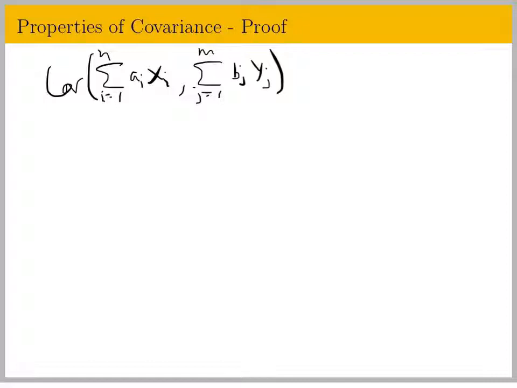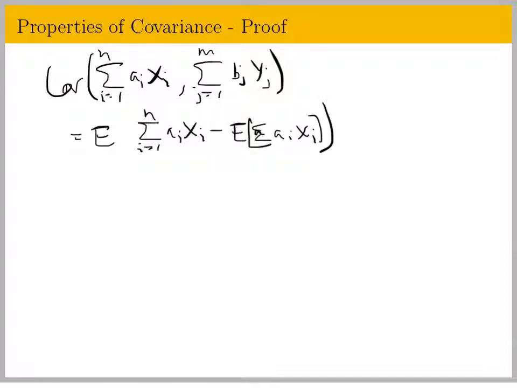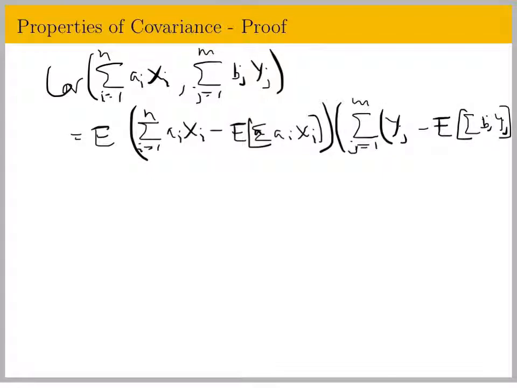Well, by the definition of covariance, that is equal to the expectation of the sum of the a_i x_i minus its expectation, times this new random variable, which is the sum of the b_j y_j minus the expected value of that sum.